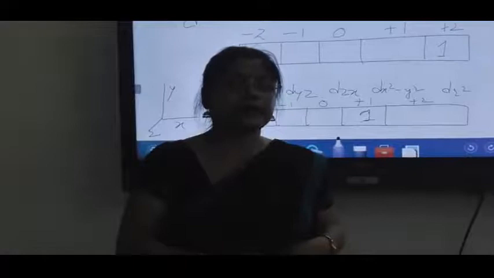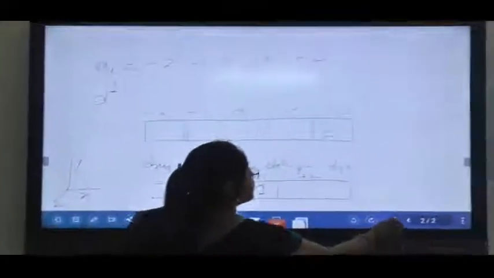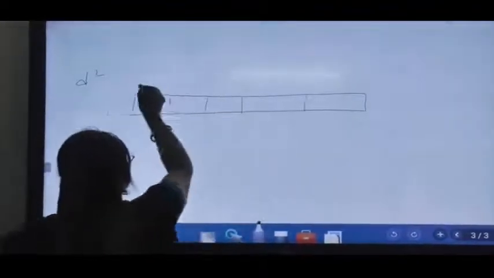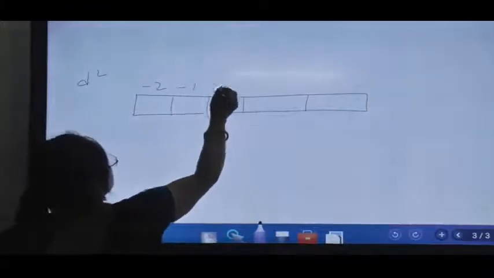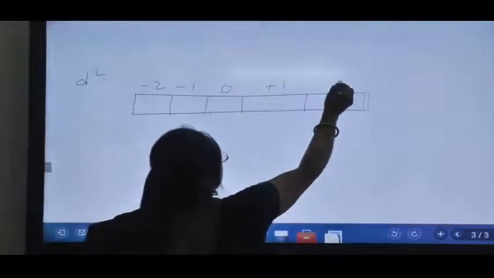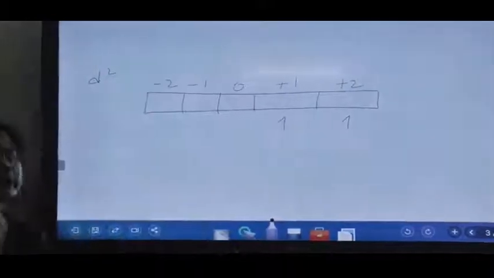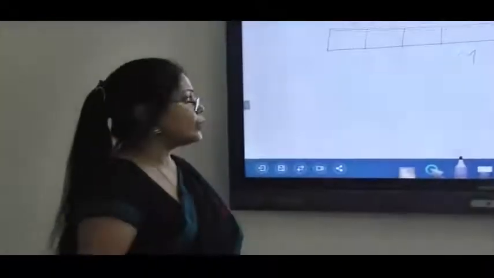Can we say that both the states are identical? Let me give you another example with d2. These 2 electrons in these 5 houses, with -2, -1, 0, +1 and +2. Let us put them in two different houses. This will be one orientation.